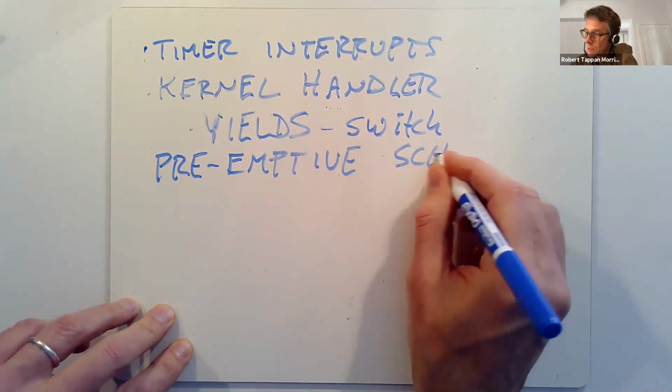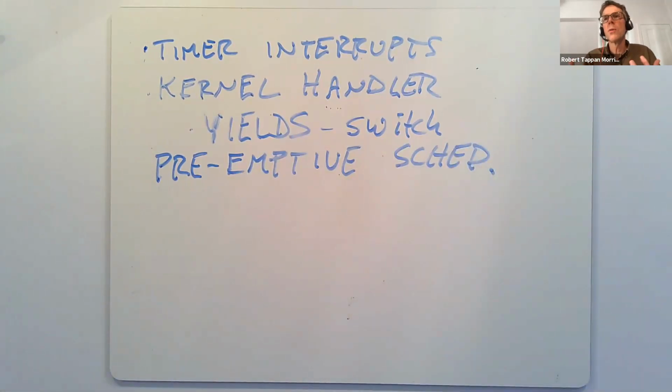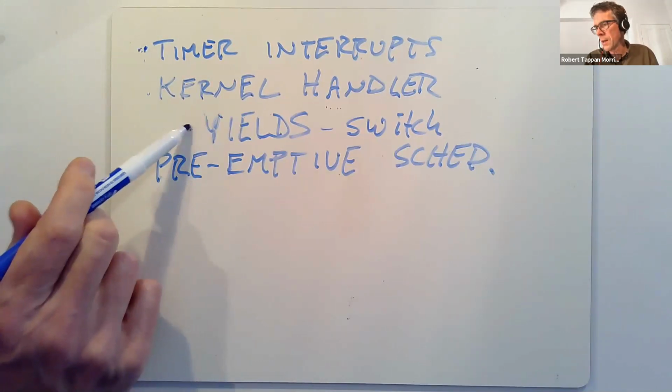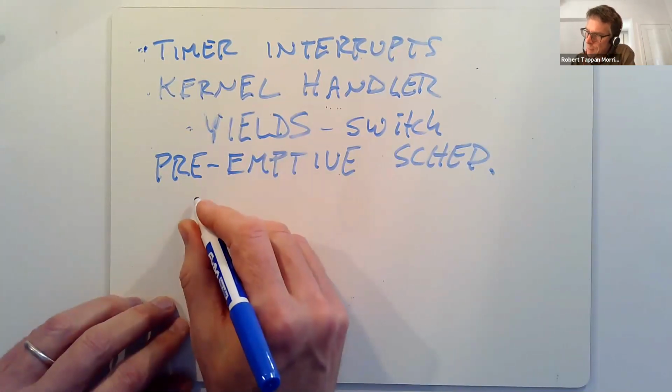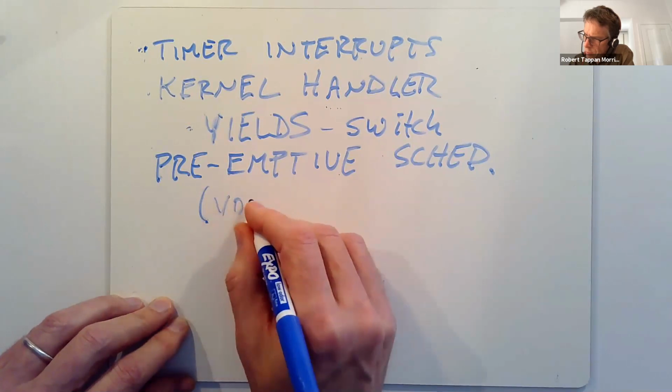What preemptive means is that even if the code that's running doesn't explicitly yield the CPU, the timer interrupt is going to take control away, and we're going to yield for it. The opposite of preemptive scheduling might be called voluntary scheduling.